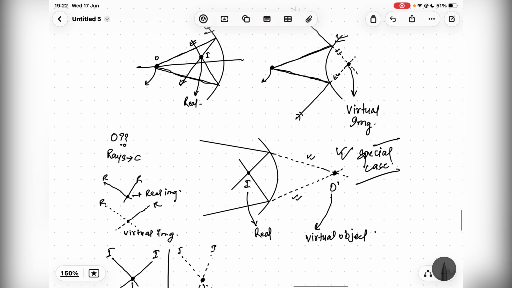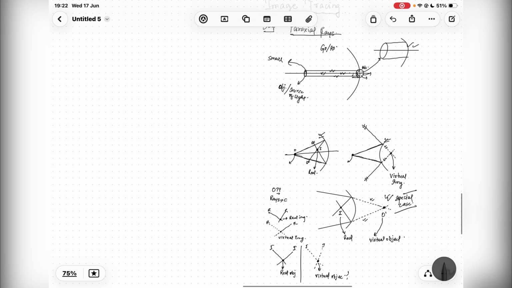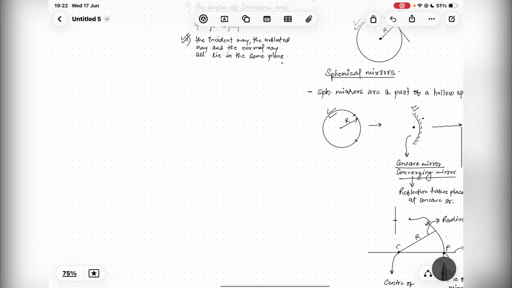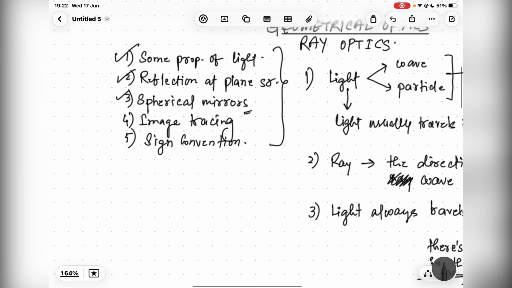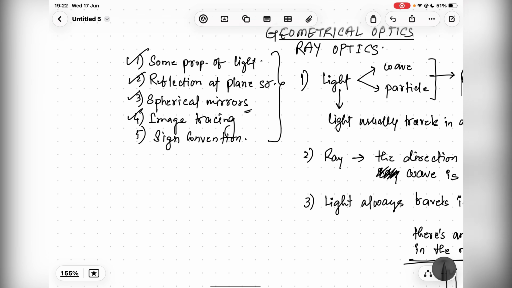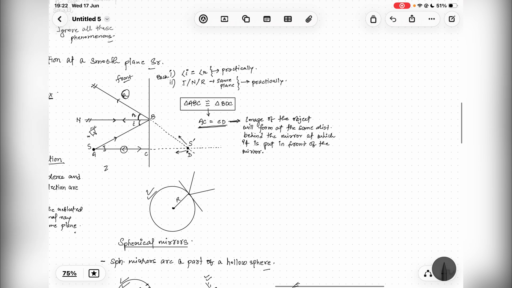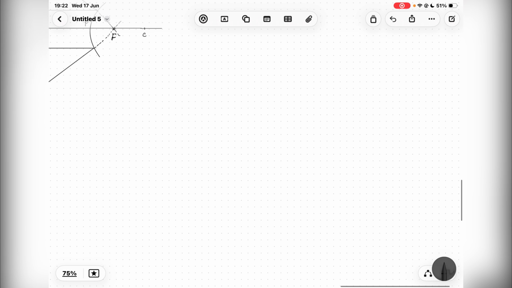So this is all that was in image tracing. We have done image tracing, and let's dive into sign convention.